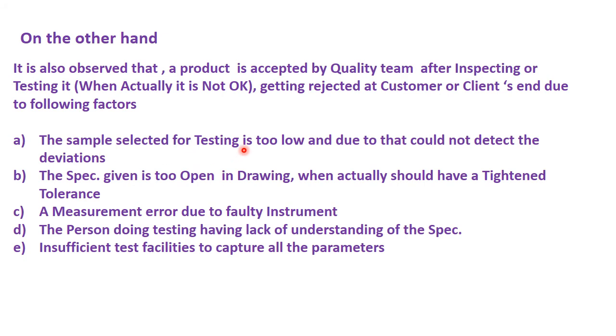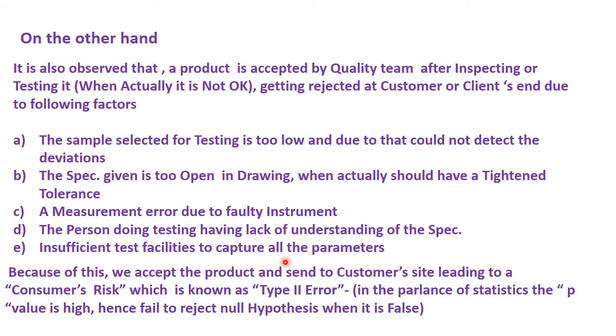The sample selected for testing is too low, hence it could not detect the deviations of the lot. The spec given is too open in the drawing and it should have a tighter tolerance. A measurement error due to a faulty instrument. The person doing testing having a lack of understanding of the spec or drawing, or insufficient test facilities to capture all parameters.